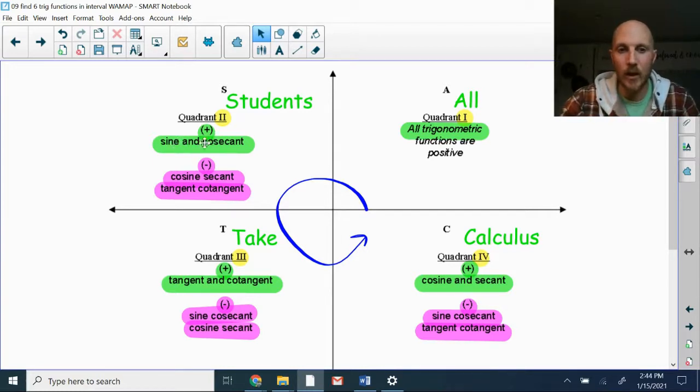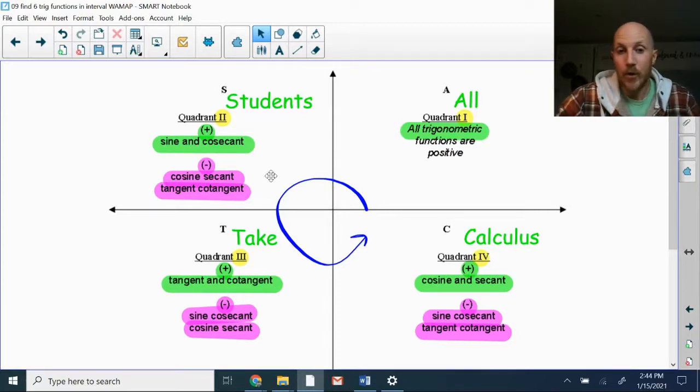So sine and cosecant, I've highlighted them both in green. Those will be positive in quadrant 2. All four of the other trig ratios are going to be negative: cosine, secant, tangent, cotangent. Do you really need to memorize the negative ones? Probably not. It wouldn't hurt, but if you know which ones are positive, then it's process of elimination, right?